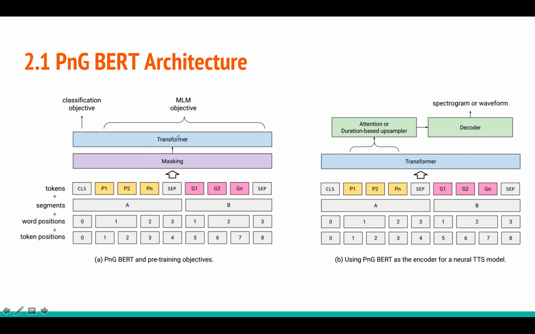One is the MLM objective, which is the masked language modeling objective. The idea is to simply predict the words which are masked in the input. The second is to predict whether the sentence next to the current sentence is actually continuous or taken from a completely random sequence. But in this case they are not using this objective, at least from what I have seen in the paper. They are only using the MLM objective.